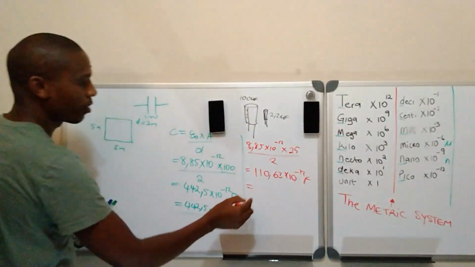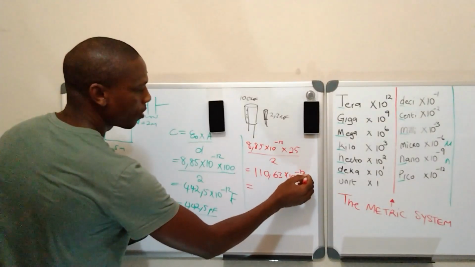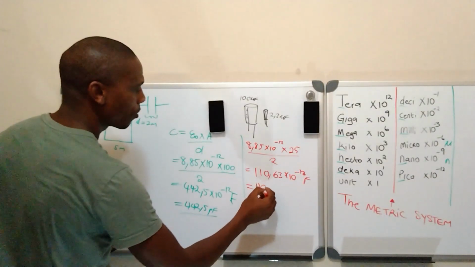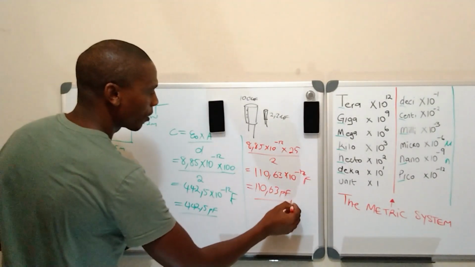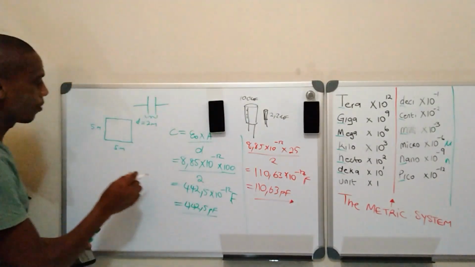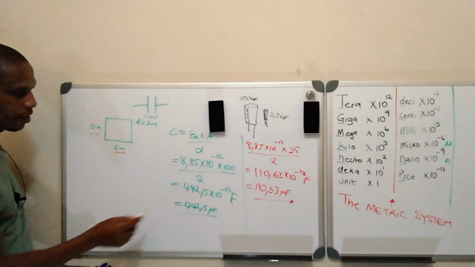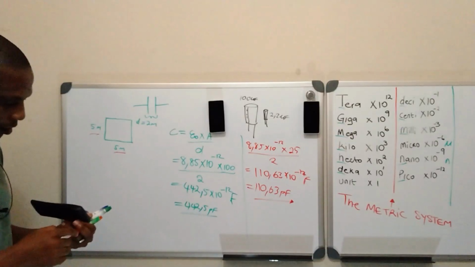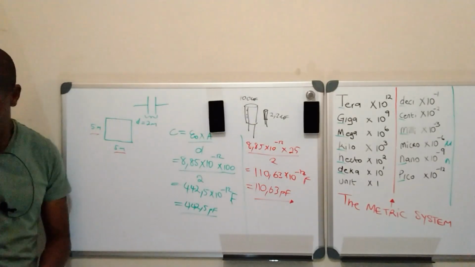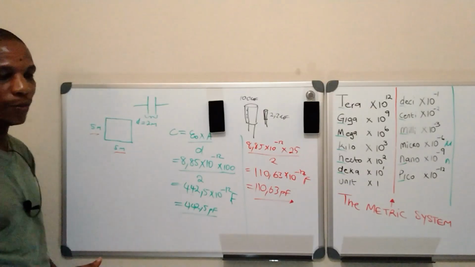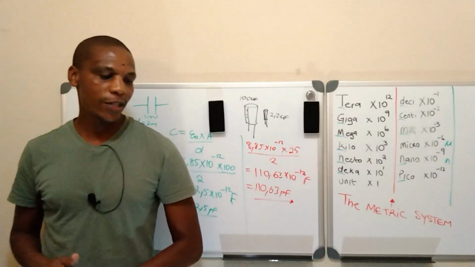Minus 12 is pico, so 110.63 picofarad. You see now that the smaller the plate, the smaller the answer. The bigger the plates, the bigger the capacitance, right? That is why big capacitors have a big capacitance value, and small capacitors have a small capacitance value. Do you want to see that practically?